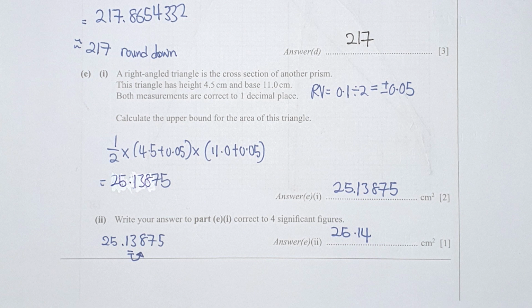So you take 1 over 2 times the upper bound of the height and the upper bound of the base, then you get your final result as 25.13875, and correct it to 4 significant figures. Then we look at the value behind the number 3, which is 8. Since it is more than 5, you're required to round it up as 25.14.